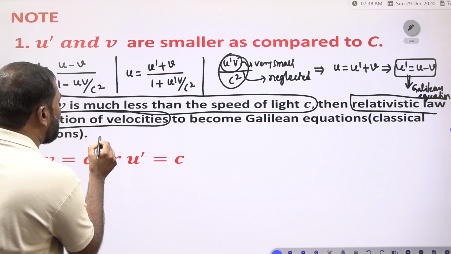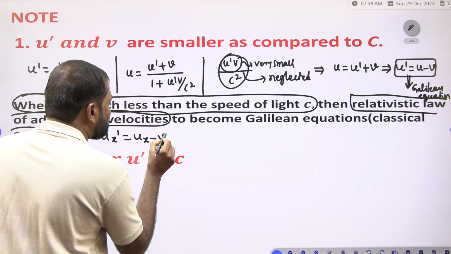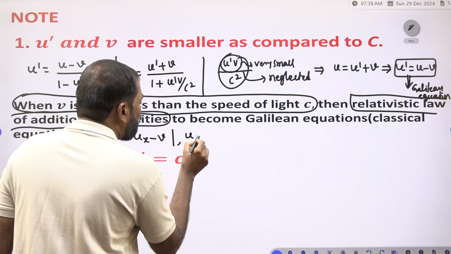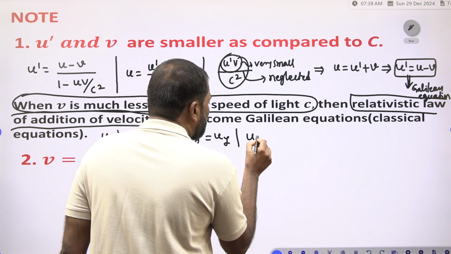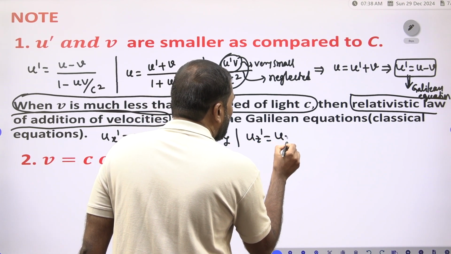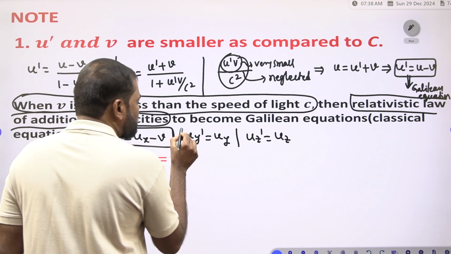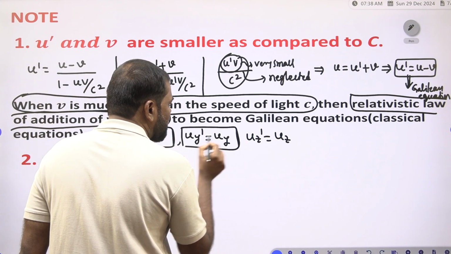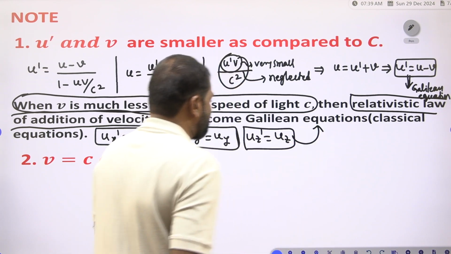ux dash is equal to ux minus v, uy dash is equal to uy, and uz dash is equal to uz. These are the classical equations, or Newtonian equations, or Galilean equations. Clear?